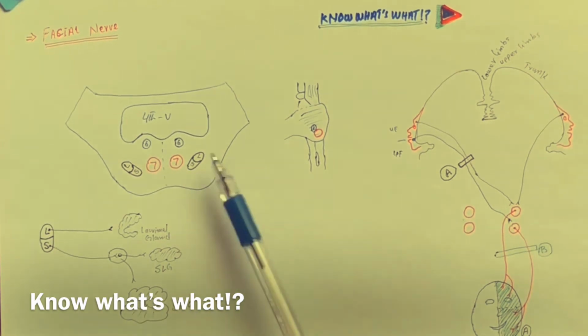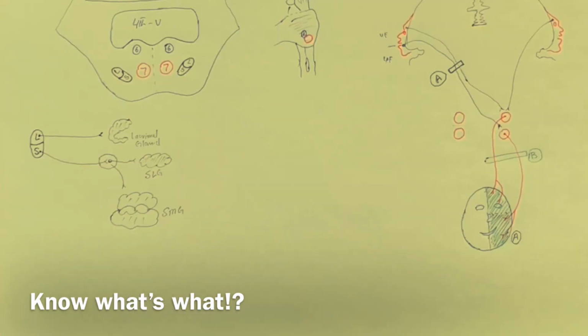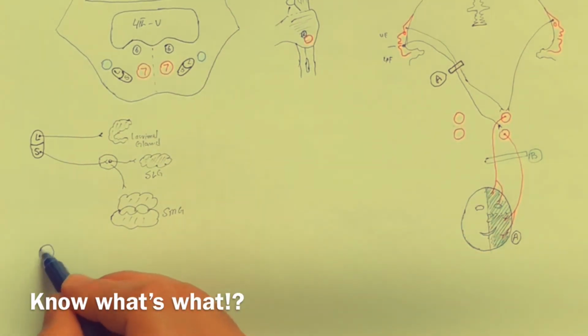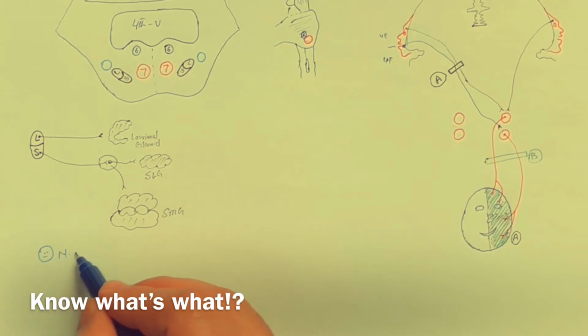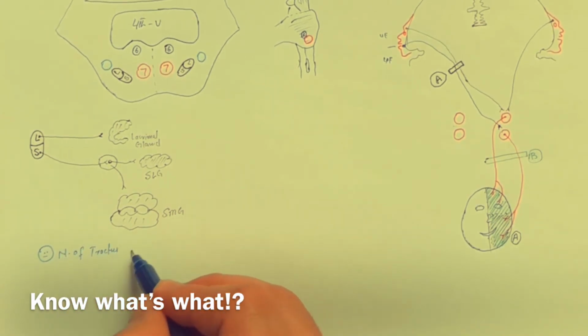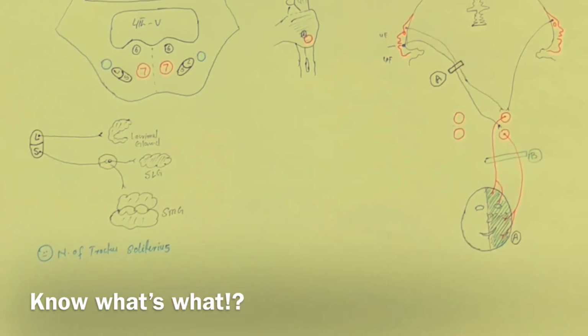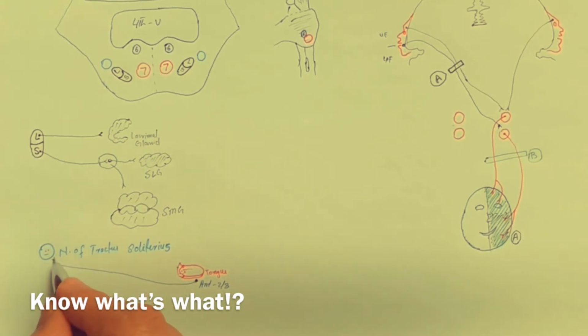If we look at another nucleus, here is the nucleus of tractus solitarius, right? This nucleus receives the fibers from the tongue, which carry the taste sensation. So here we draw the tongue, and these fibers will be taken to the nucleus tractus solitarius.